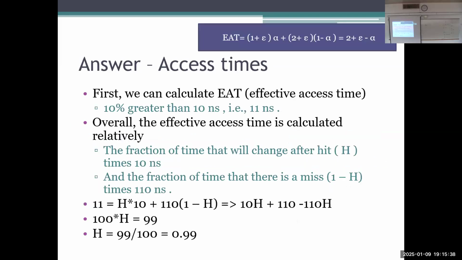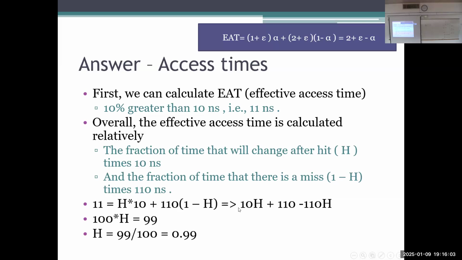So we just calculate that. H times 10 plus 110 times (1 minus H). So it goes to 10H plus 110 minus 110H. So we take the minus 110H and add it to the plus 10H, and we get minus 100H.